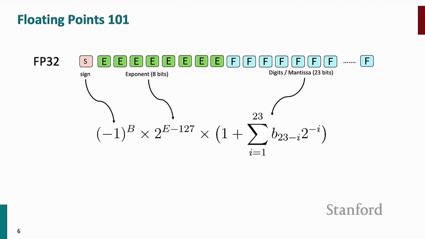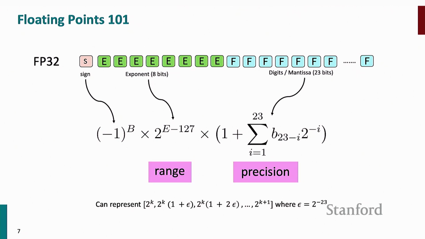So the first bit there is the sign, and then the stuff in green represents the range, and then the stuff in blue represents precision, okay? And so for FP32, you can represent a pretty large range, and it's fairly precise, right?